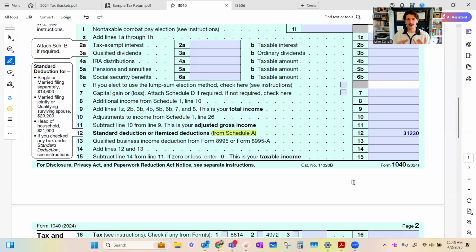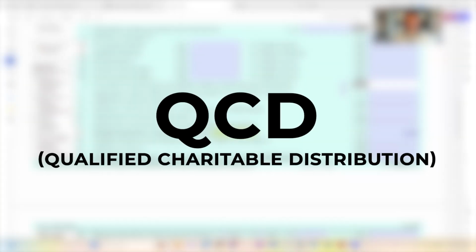Everybody will have a marginal rate, an effective rate, AGI, and taxable income. Now I'm going to dive into some of the tax strategies that we implement with clients and where they're going to show up on the tax return. The first item we're going to talk about is what's called a QCD, Qualified Charitable Distribution.